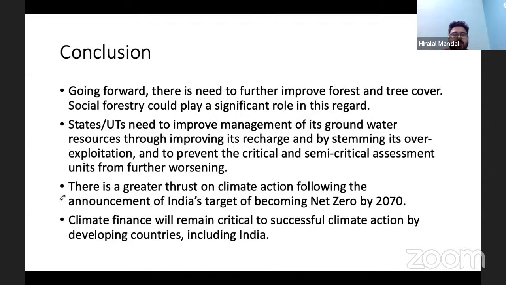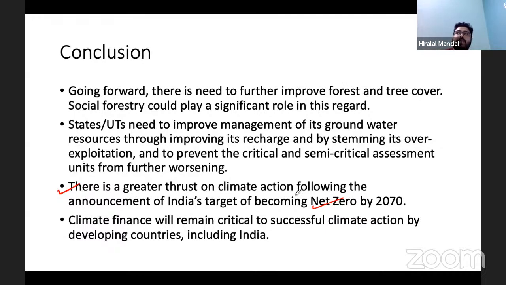India has already made a commitment for net zero emission by 2070. For that, it is required to bring more and more coverage. It requires phasing out coal, and at the same time it will have to reduce its dependency on fossil fuels. For that, it has to work more on wind power, solar power and other renewable energy projects.